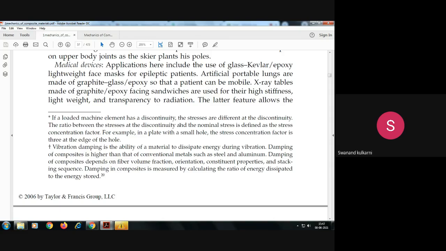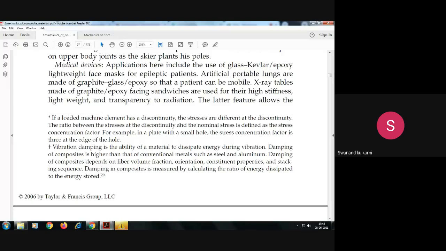transparent for the radiation. So as far as medical devices are concerned, which applications are we observing now? Glass, Kevlar, epoxy, lightweight face mask. Face masks are also made from this glass Kevlar epoxy.